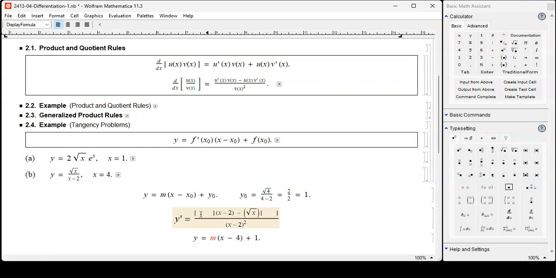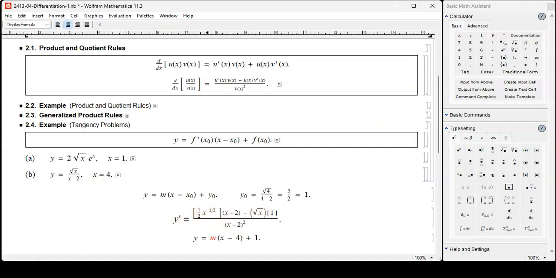So what's the derivative of square root of x? x to the 1/2 power. So by power rule, 1/2 x to the negative 1/2 power. How about the derivative of denominator? Oh, that's easy. That's just 1. Okay, all right.